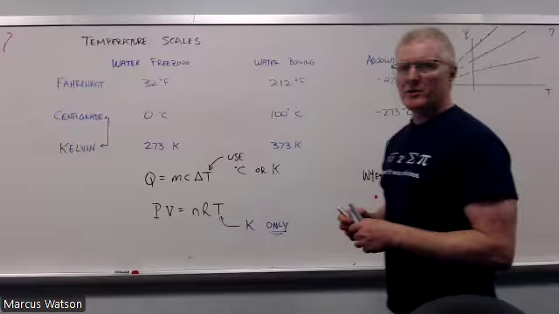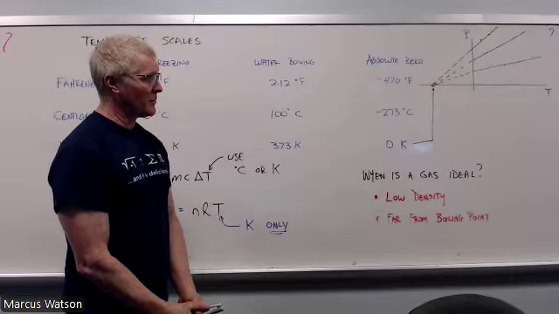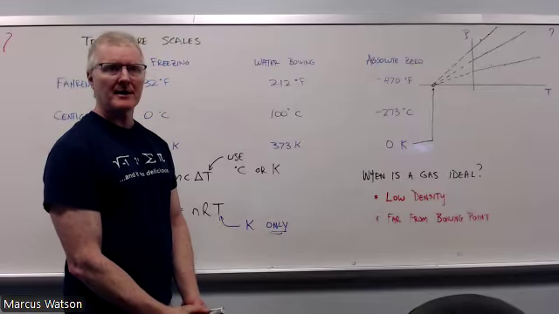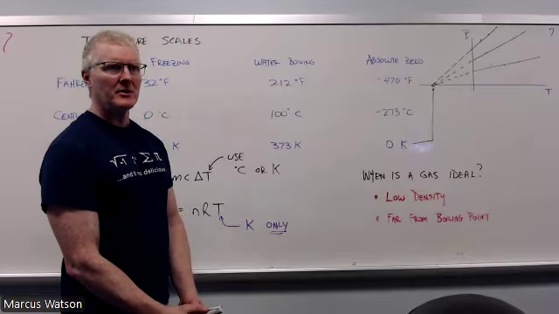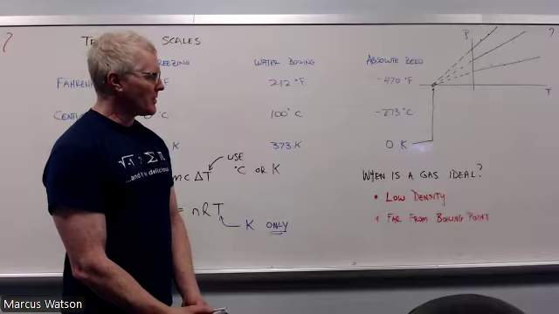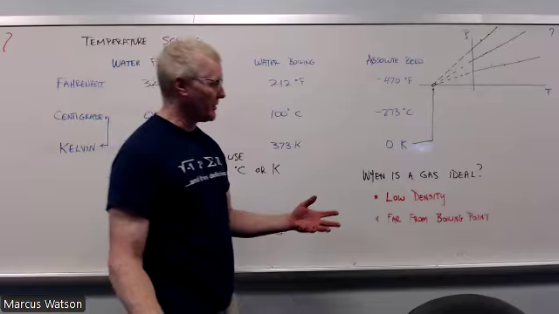This is why air is such a great candidate for it. Air is about 1 gram per liter, I don't remember exactly, but it's about a kilogram per cubic meter. So it's got a density about 1,000 times less than liquid water.